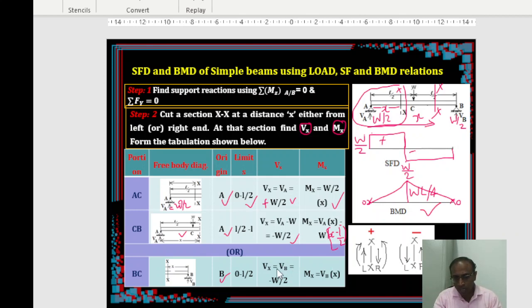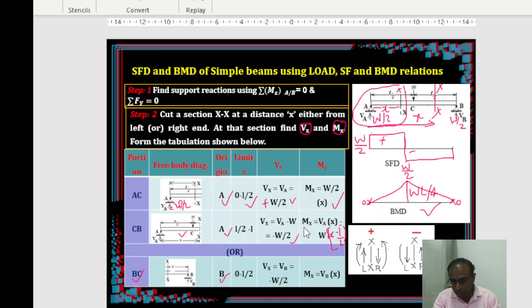One more point you have to notice is that you can draw your bending moment diagram for the rest of the part from this end also. That means for the segment CB, or BC, you can take the origin at B and draw it, because that's going to be simple now.